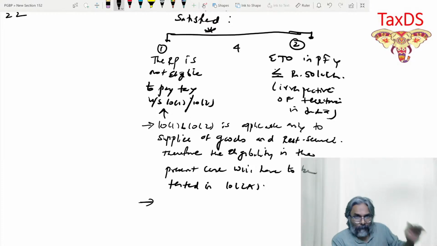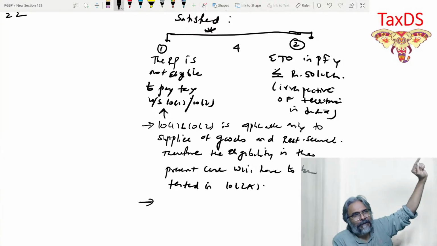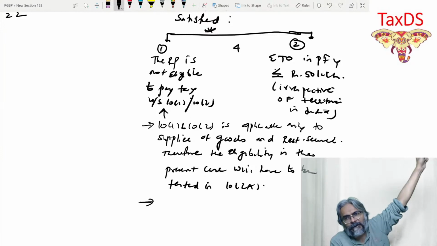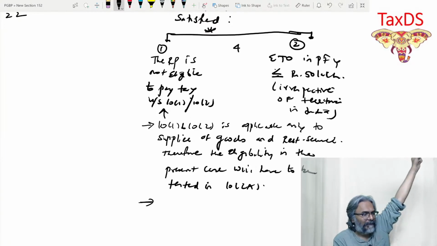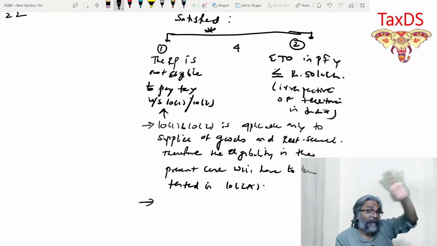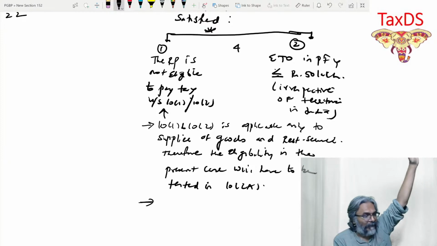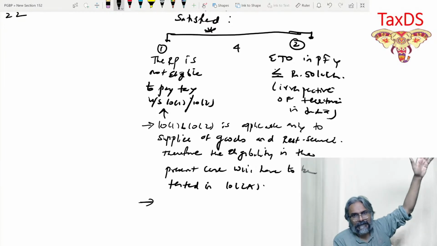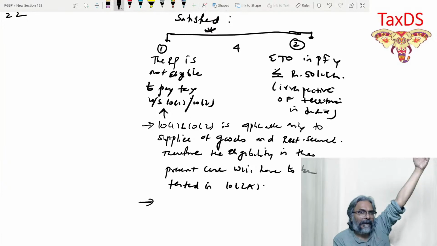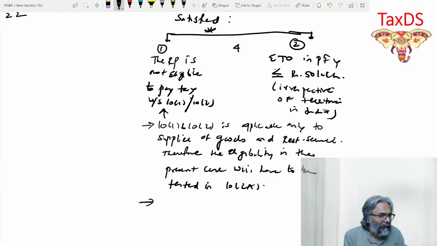Sorry, in Sikkim it is 75 lakhs. Should I check that 75 lakhs limit, or should I go with 50 lakhs? I hope you have understood my question.